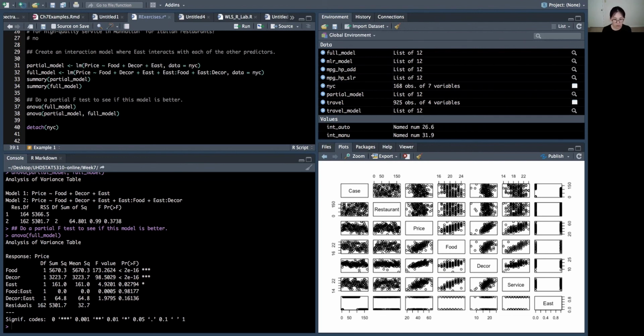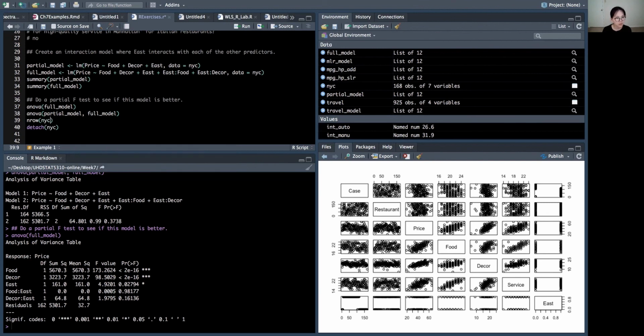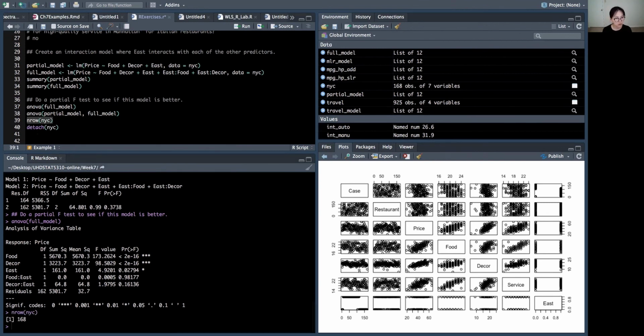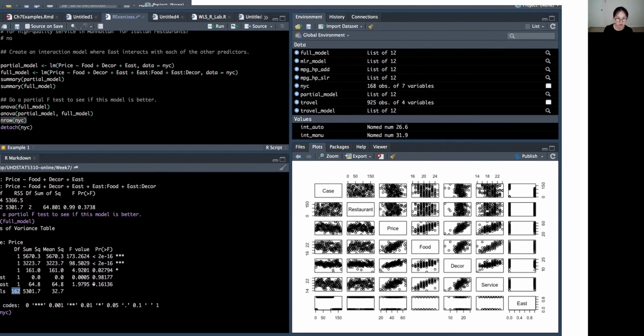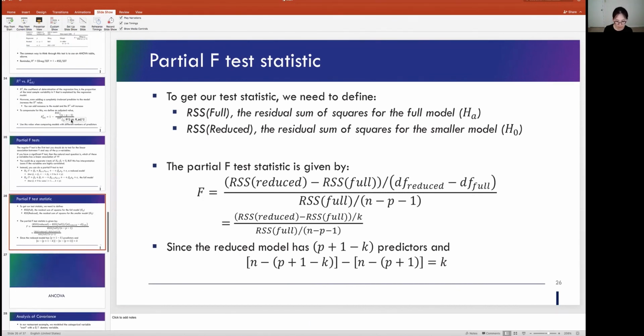Here you will see the total number of your data. The residual corresponds to the RSS degrees of freedom, which is n minus p minus 1.